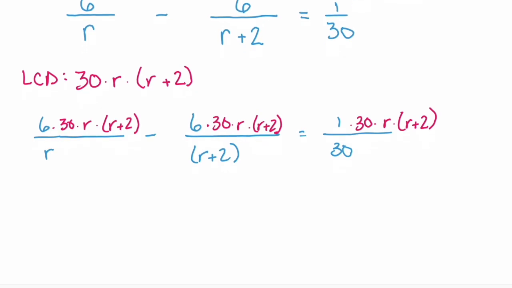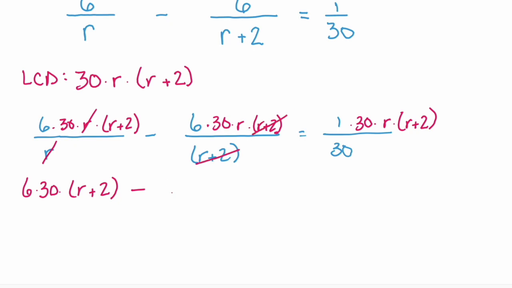Now, when we look at each expression, the first one, we have a denominator of r, and we also have an r in the numerator. So those simplify out, leaving 6 times 30 times r plus 2. Minus, we look at the second expression. We have r plus 2 in the denominator and in the numerator.